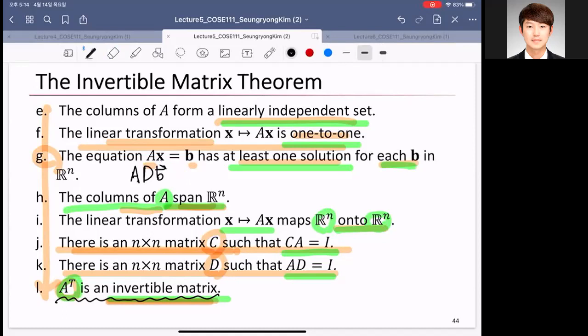Let's suppose A times A inverse b, then it's going to be I times b. So it's going to be b, right?